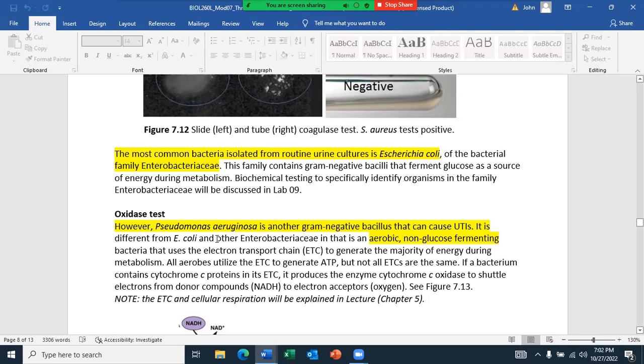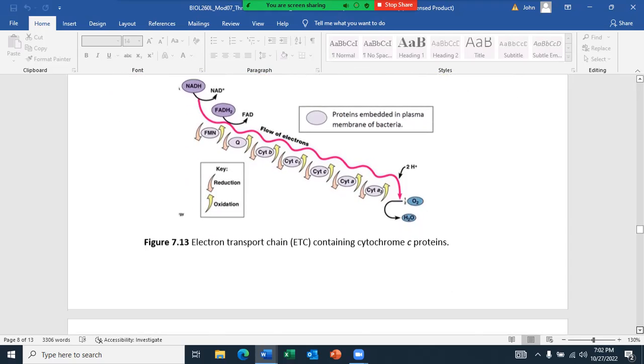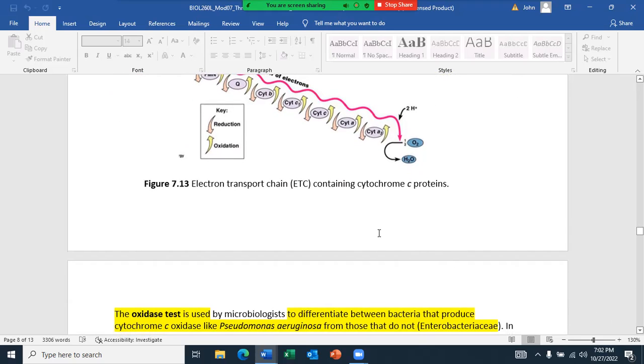And then the Pseudomonadaceae are oxidase positive. So you can run the oxidase test. Oxidase means that cytochrome C is present.